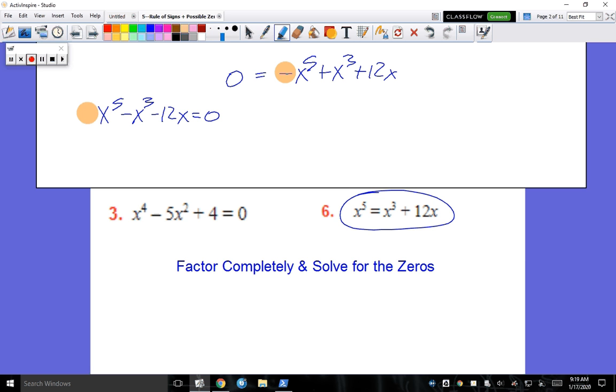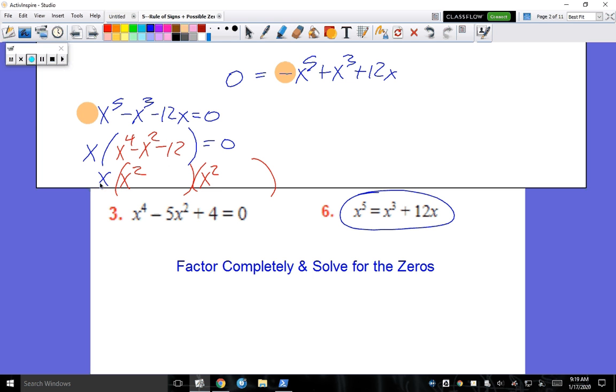Okay? So from here, I GCF out an x. You tell me, please, what are the scraps? X to the 4th minus x squared minus 12. And you see it already. This will be an x squared factoring. Right?